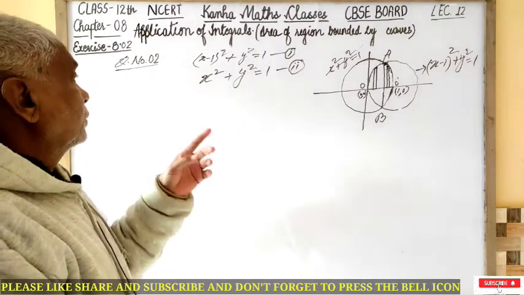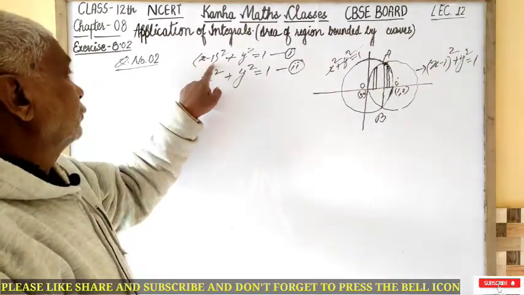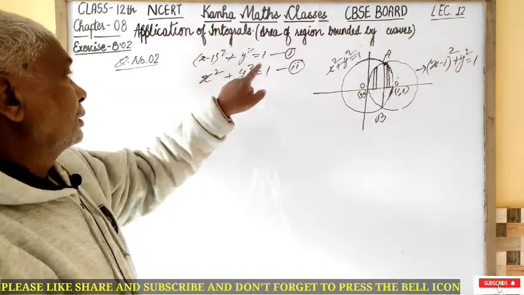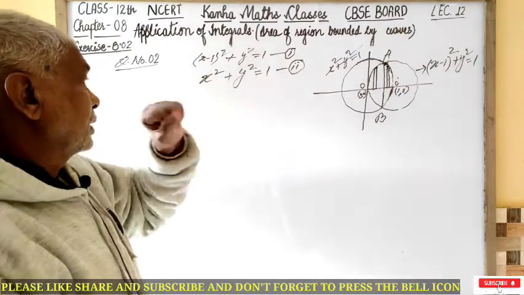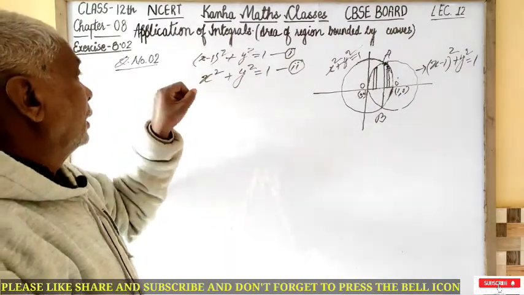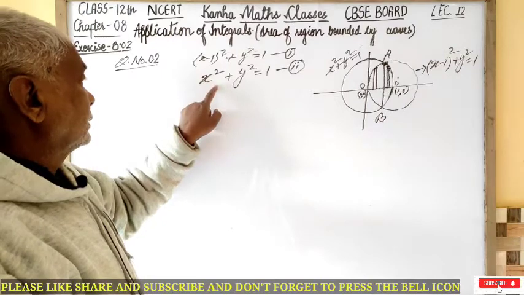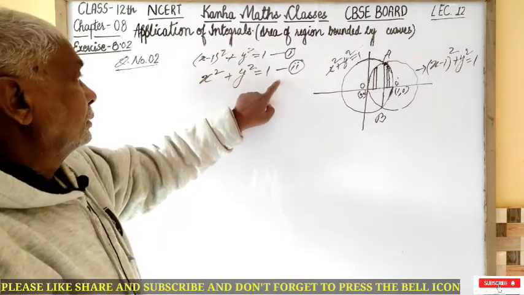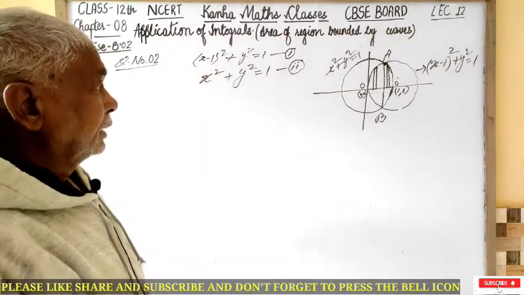it is given two circles: (x minus 1) whole square plus y square is equal to 1, equation of the first circle, and x square plus y square is equal to 1, equation of the second circle.